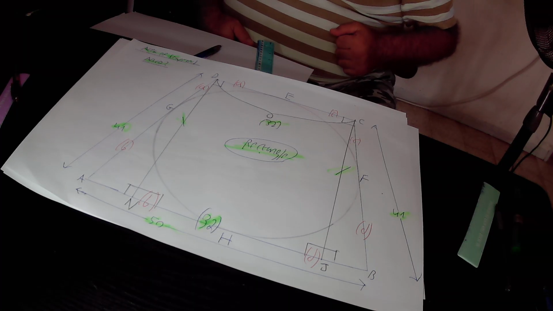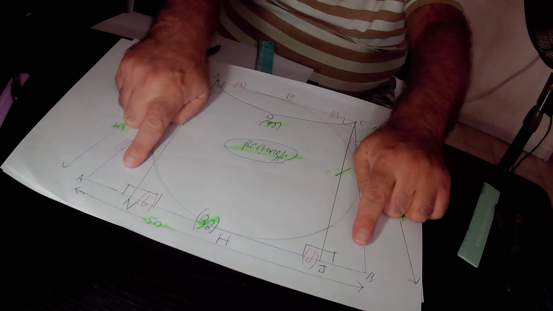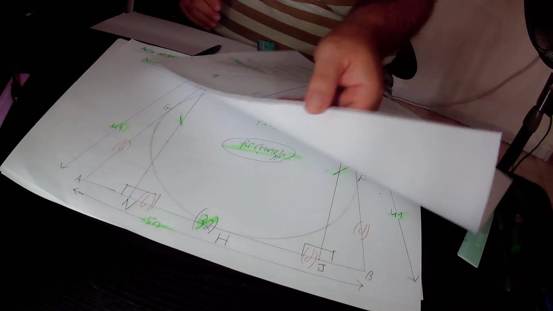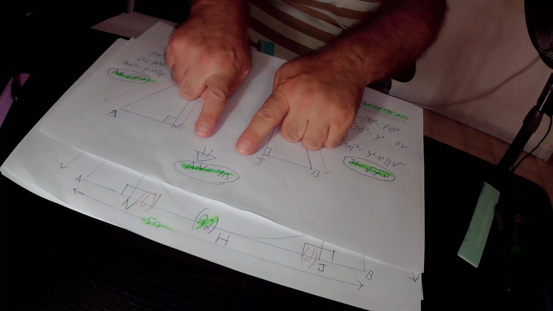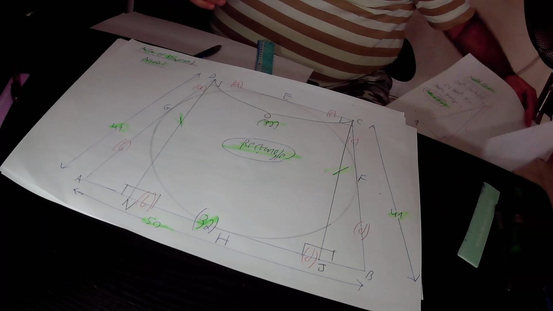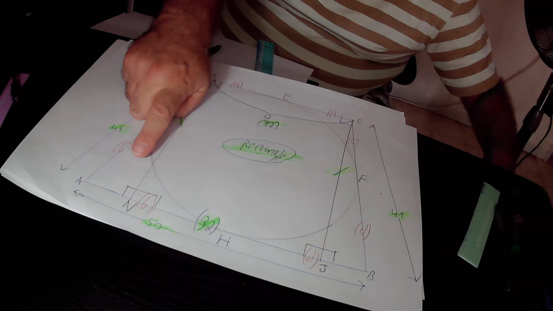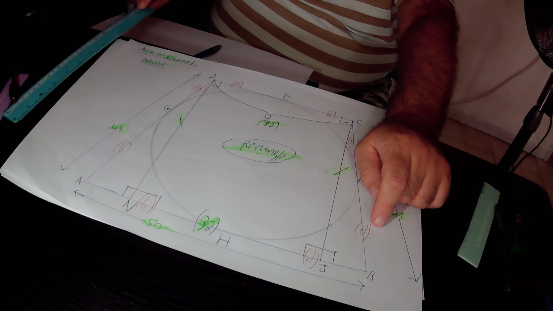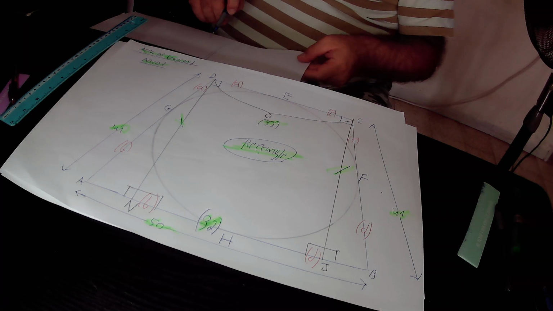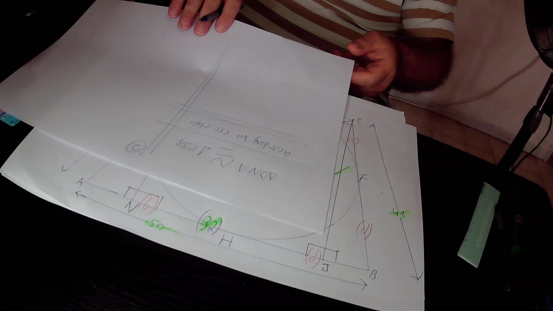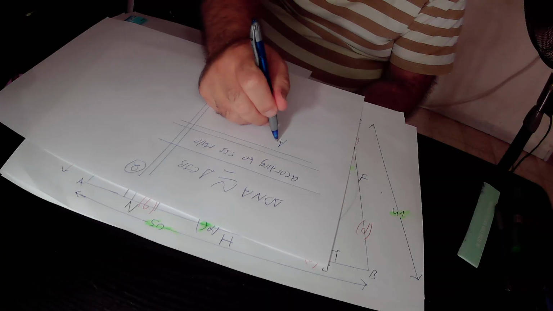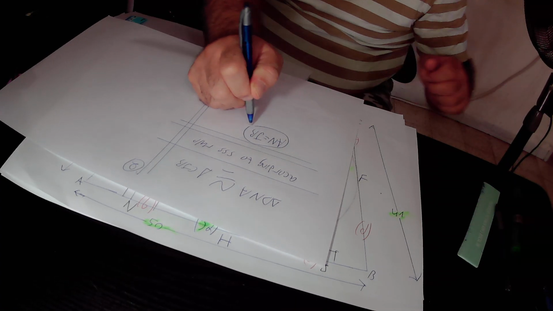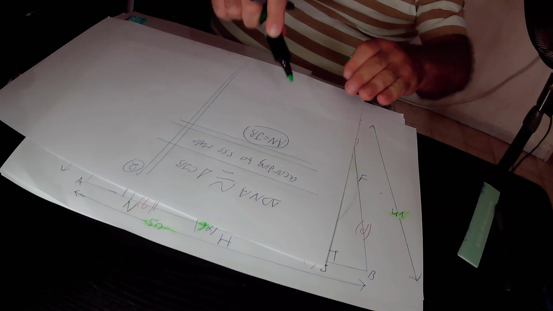Actually, we already found out that AN equals JB. Yeah. AN equals JB, so we can write down that AN equals JB.